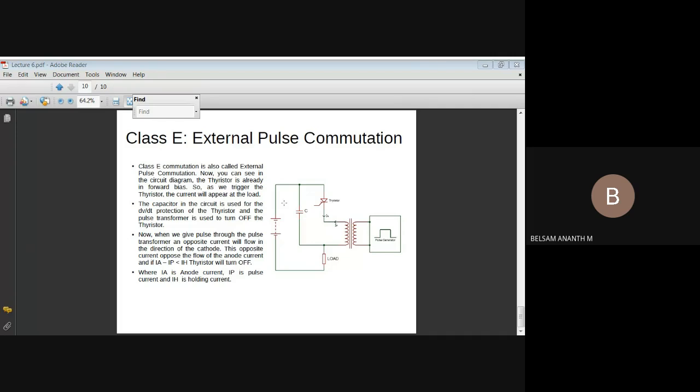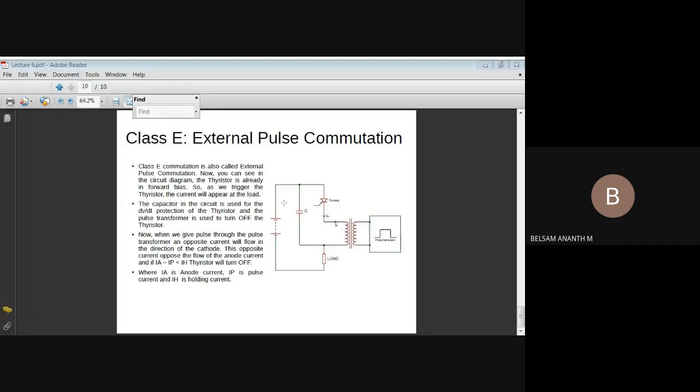Therefore, a primary current will flow opposite to the anode current. That means the combination of my anode current and my primary current will be less than the holding current of my thyristor, so that I can make my thyristor turn off. Please remember, it is just the reverse operation. Due to the external pulses, the winding gets triggered, energized or excited, and thereby my primary current is generated.